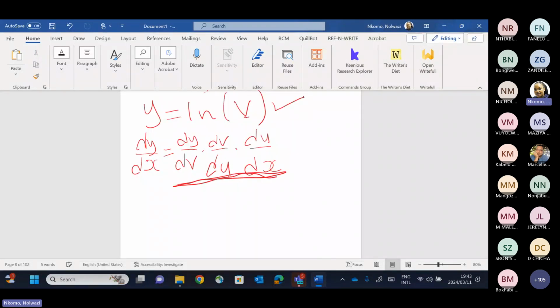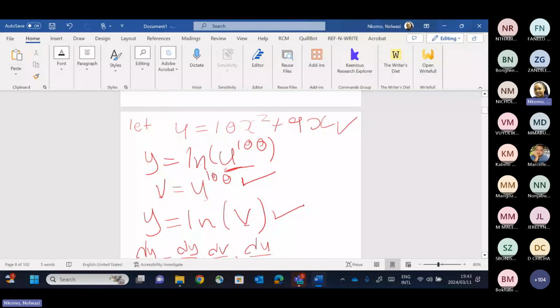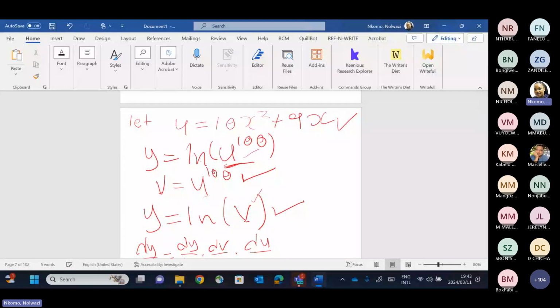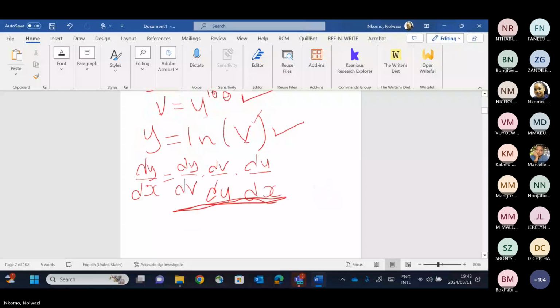You simplify if you have to simplify. If there is no need to simplify, then you take the values in terms of x rather than in terms of u and v. So your final answer must be in terms of x at the end.